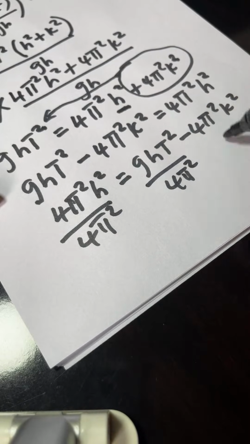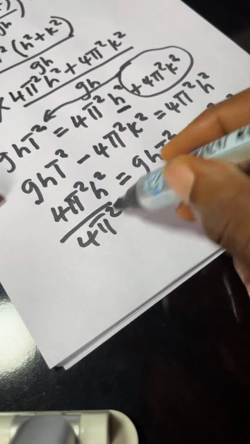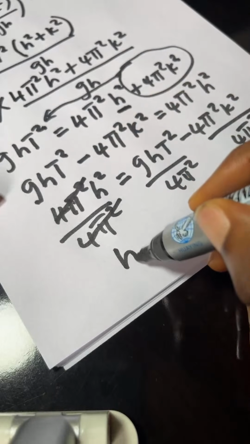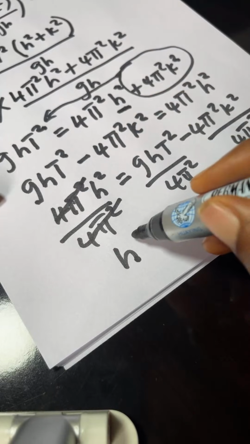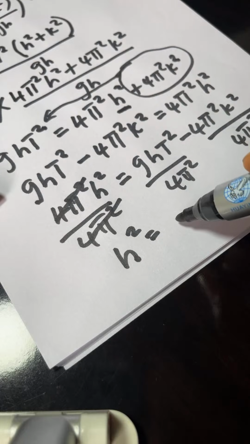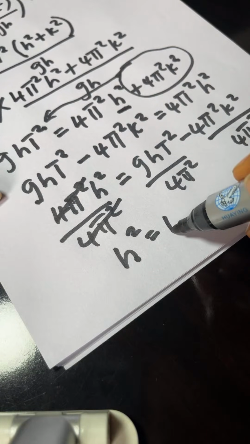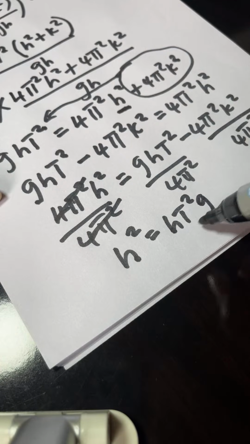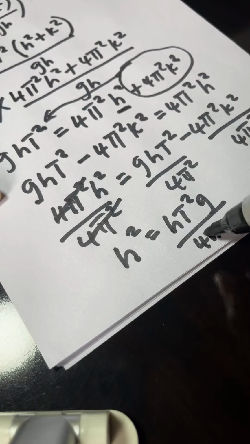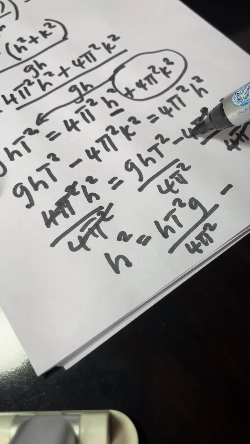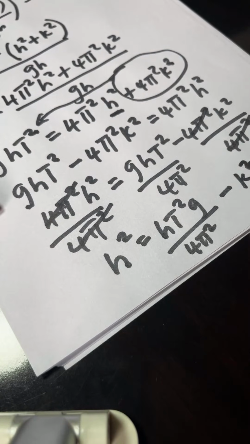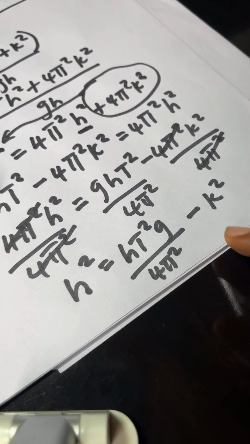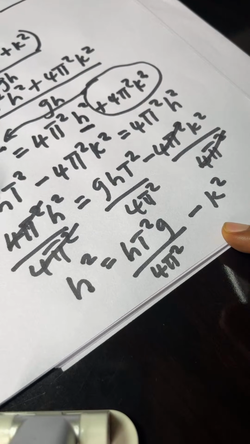This will cancel this. Now h square is equal to h t square g all over 4 pi square minus, 4 pi here will cancel 4 pi here, so we have k square.